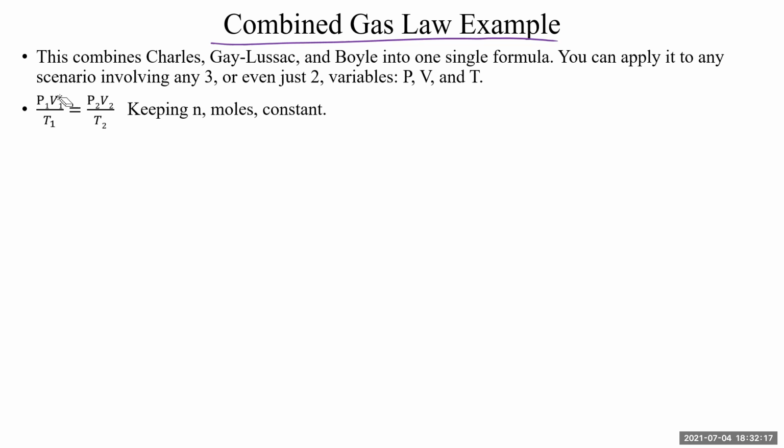This is good for when all three variables are changing, but even if only two variables change and one of them stays the same, that's okay. For example, let's say you want to use the combined gas law, but temperature doesn't change. Or you're not given the temperature, either way, but you know it doesn't change.